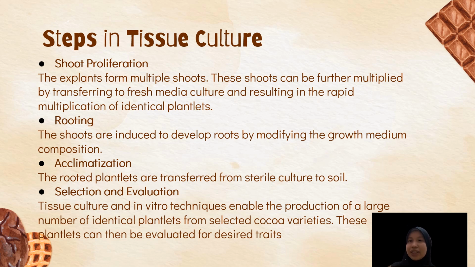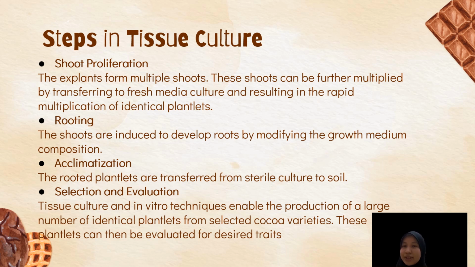And the next step is rooting. For rooting, the shoots are induced to develop roots by modifying the growth medium composition. And the next step is acclimatization. The rooted plantlets are transferred from sterile culture to soil.